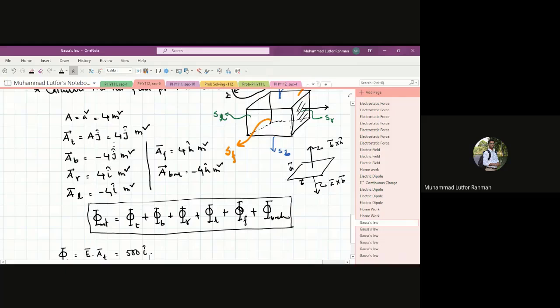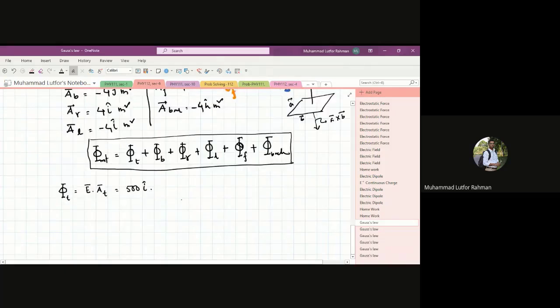It is 4 J hat. So it should be 2000 I dot J. What is the value of I dot J? I dot J is equal to 0. So phi top is basically 0.